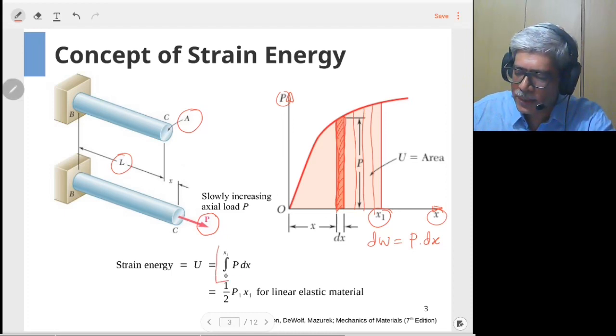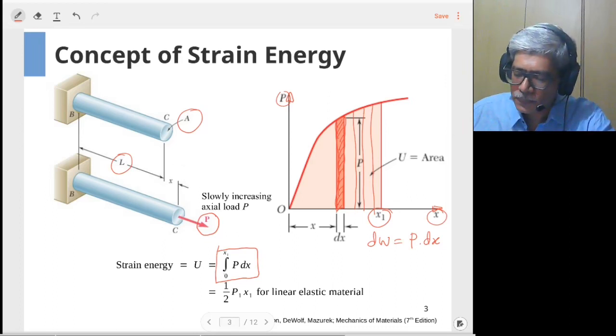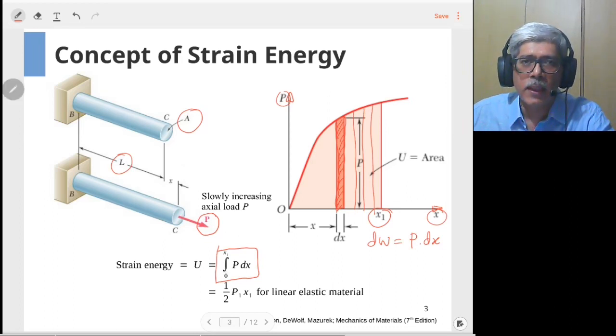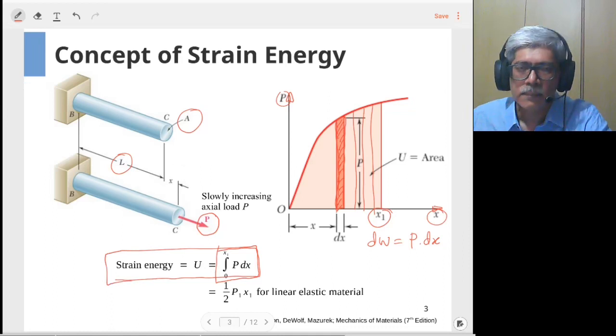The right hand side of this equation is the work done by the external force while stretching the bar from 0 to x1. And this work done will be stored inside the body in the form of strain energy. So the strain energy expression would be given by the integral of P multiplied by dx.